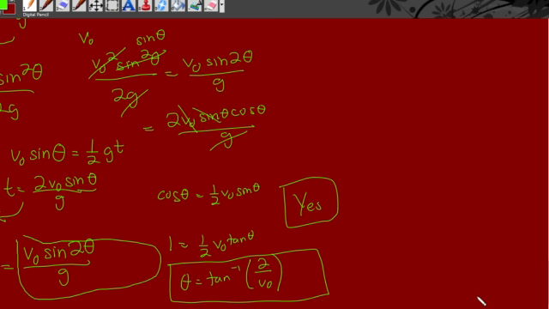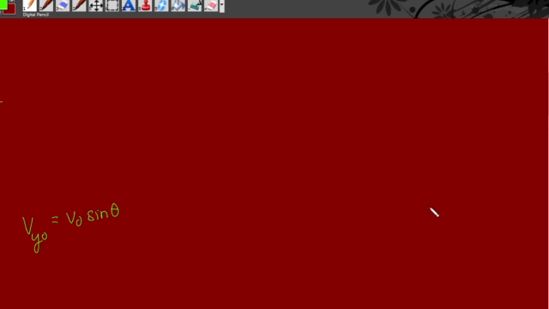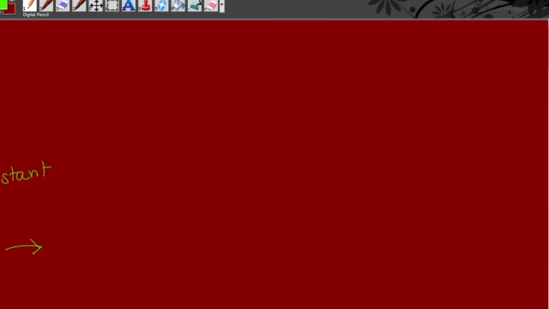Okay, next question. Is the following reasoning correct? If the launch angle theta of a projectile is increased while keeping v naught the same, then the initial v sub y velocity component increases, so the time in the air increases, so the total horizontal distance traveled increases.